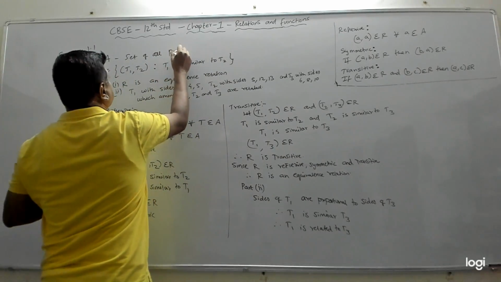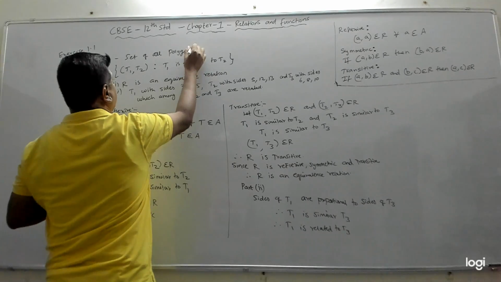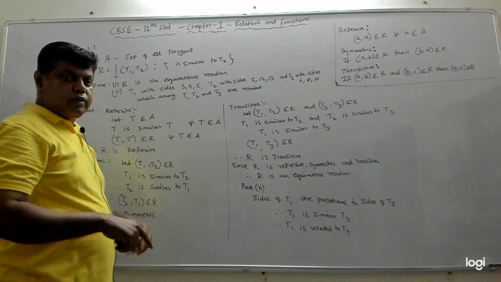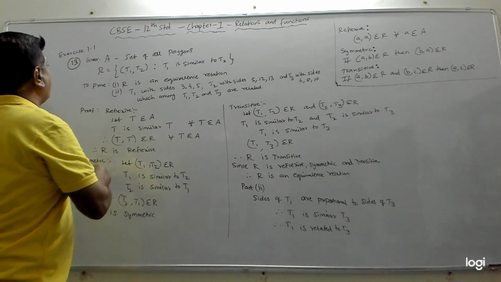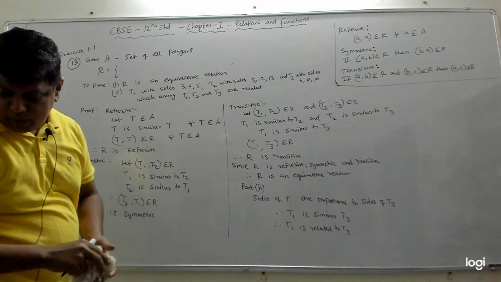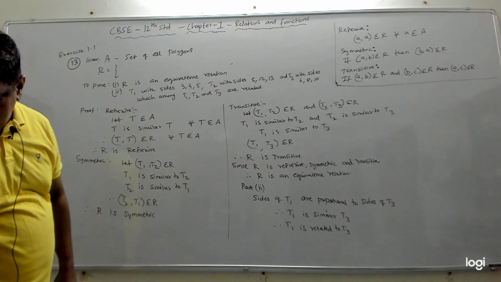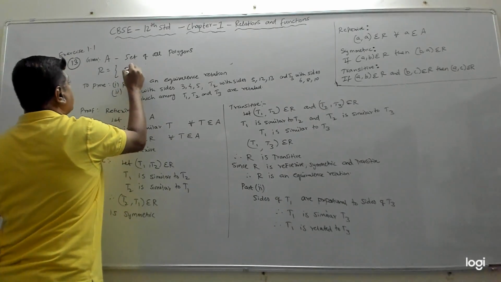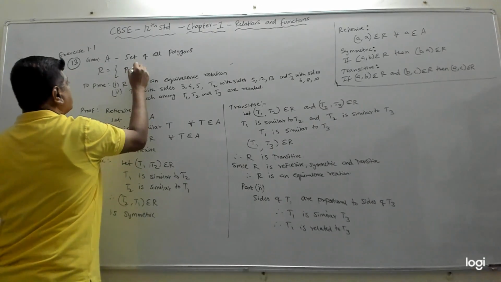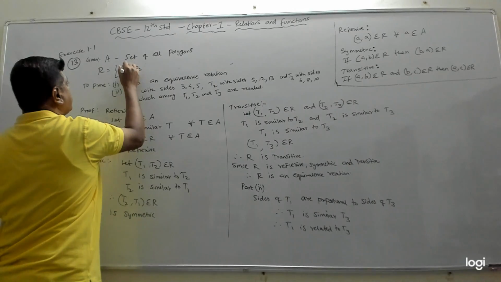Polygons are a simple closed curve made up of sides. Now the relation R defined is such a way that P1 comma P2, P1 is related to P2.